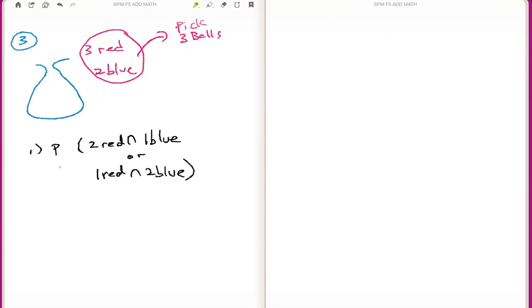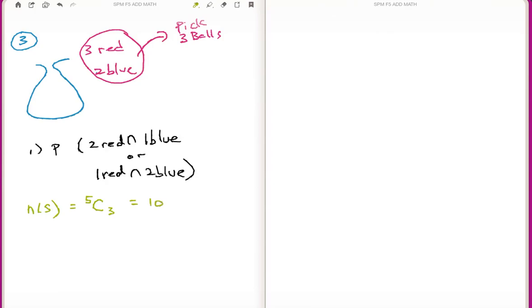So first of all, let's find out the possibility, or the sample size, the sample space. So here, 5 balls, I'm going to choose 3 from 5 balls. So therefore it's 10.